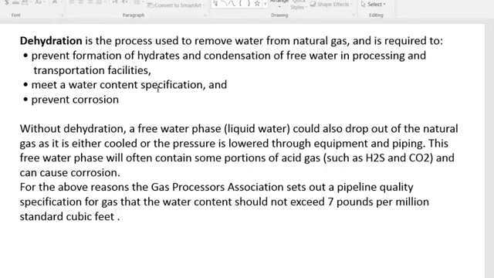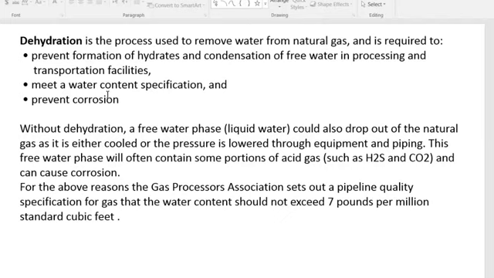The water content specification we mentioned in the table in the previous lecture. When we make a sales gas contract, there is a limit for water content in the gas, okay, and we also require dehydration to prevent corrosion.